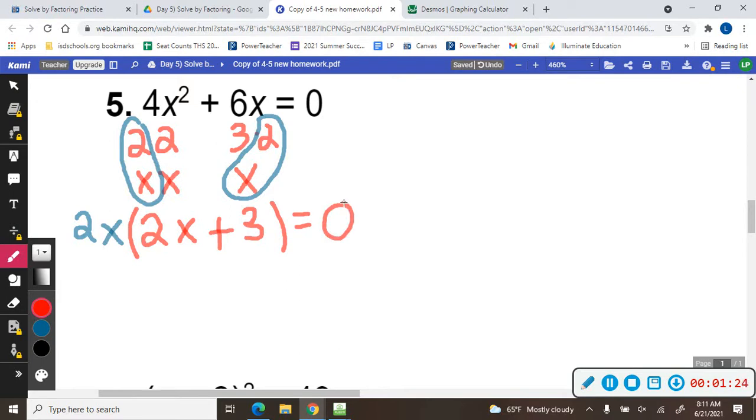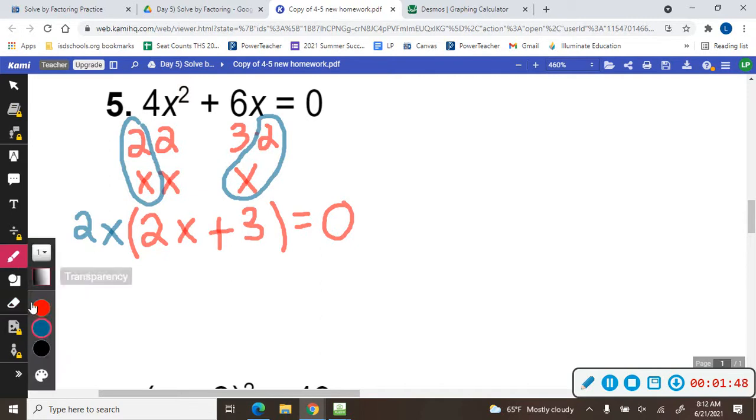Now from there, we're going to use something called the zero product property. And the zero product property says that if you're multiplying 2 things together, so we're multiplying 2x times 2x plus 3, and we're getting back 0. The only way to get 0 is if 2x was 0 or 2x plus 3 is 0.